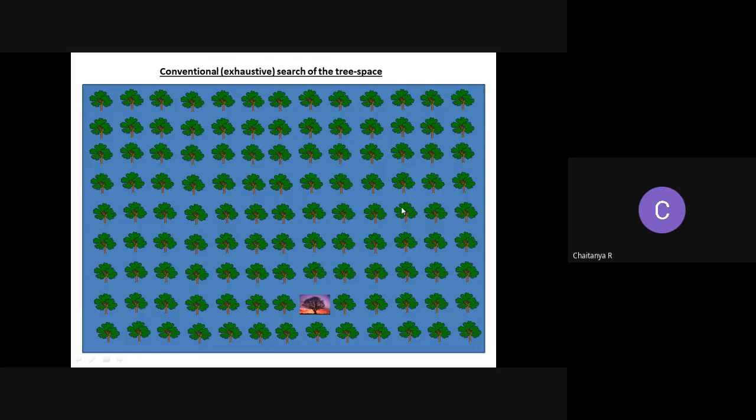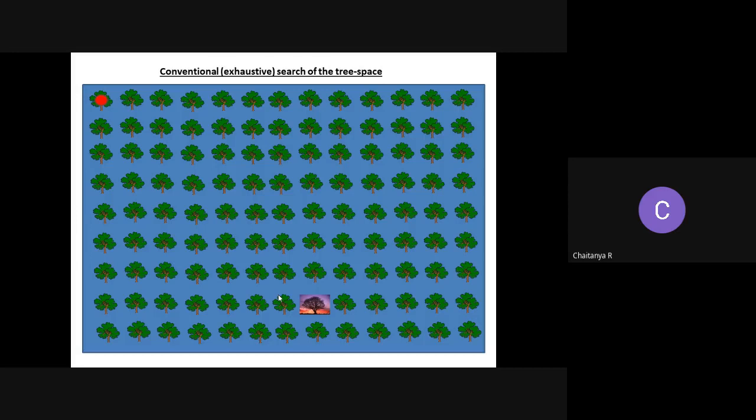Okay, and this beautiful tree here is the actual tree that you need, right? Or the tree with the highest posterior probability, or the tree that best explains your data, right? Now, an exhaustive search would start at tree number 1, right?